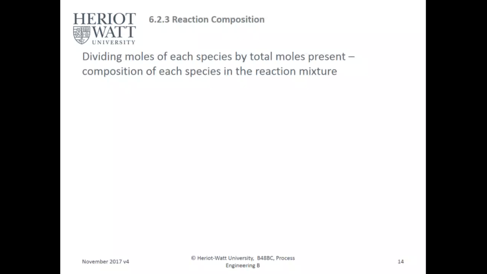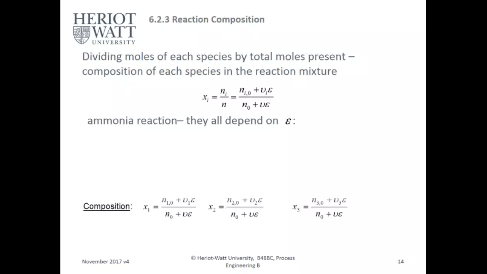Dividing the moles of each species by the total moles present gives the composition of each species in the reaction mixture. Xi equals Ni over N, which equals Ni0 plus Vi epsilon over N0 plus V epsilon. In the ammonia reaction, they're all dependent on epsilon.